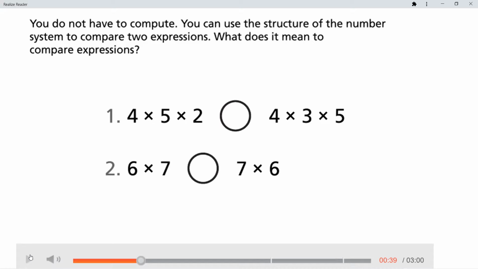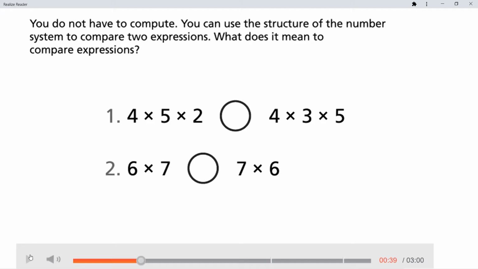If the digits are the same, look at the next digit and the next digit until you find ones that are different. If all of the digits are the same, then both sides are going to be equal or balanced. If you have a side that has a digit that's greater than the digits on the other side, you already know which side is going to be the greater than side.